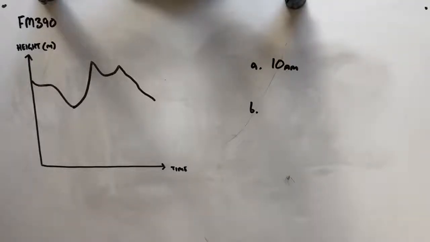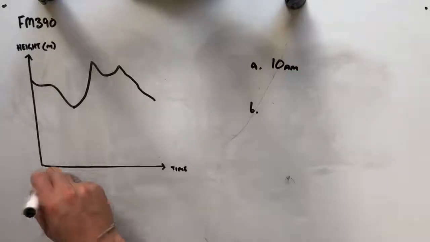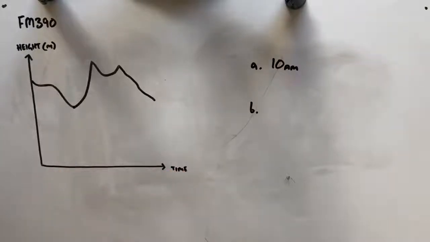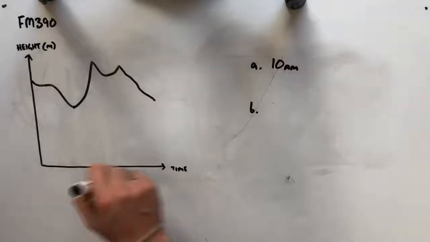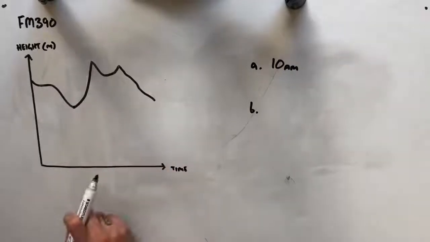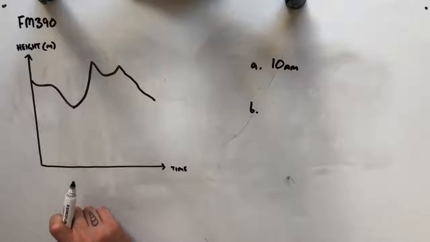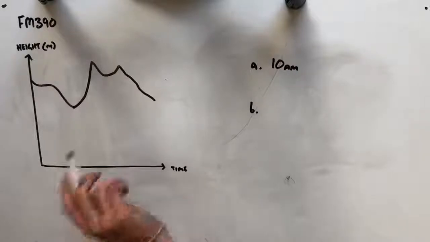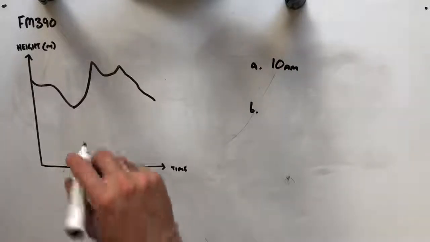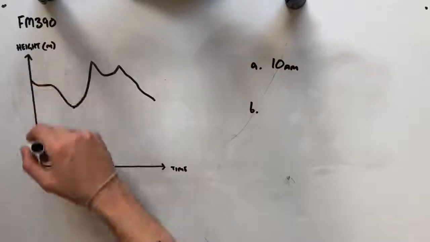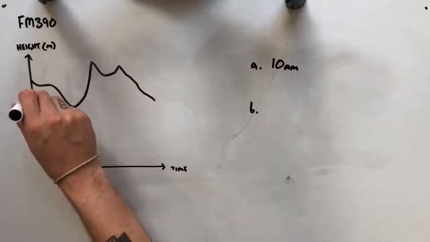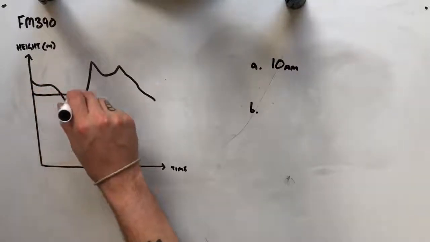Part B then says, for how many hours between 5 AM and 7 PM, which is the extent here of our axes, maybe it goes a little bit further than 7 PM, was the average wave height greater than 2 meters. So, for the height at 2 meters, we can create a line that looks a little like this.